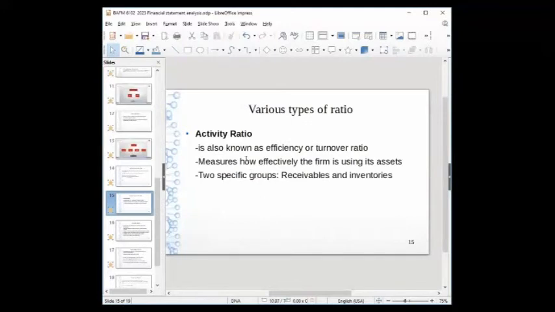Another type of ratio is the activity ratio. This is known as the efficiency or turnover ratio. This is used to measure how effectively the firm is using its assets. The two specific groups under activity ratio are the receivables turnover ratio and the inventory turnover ratio.